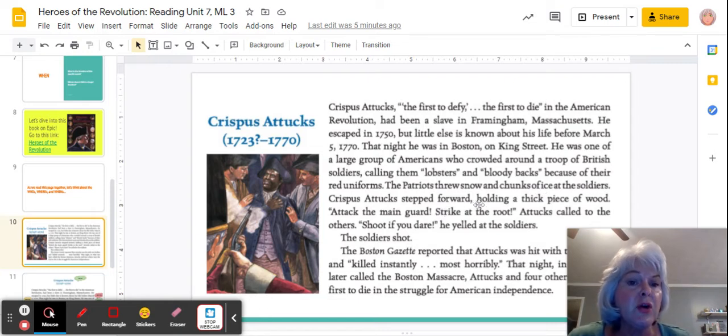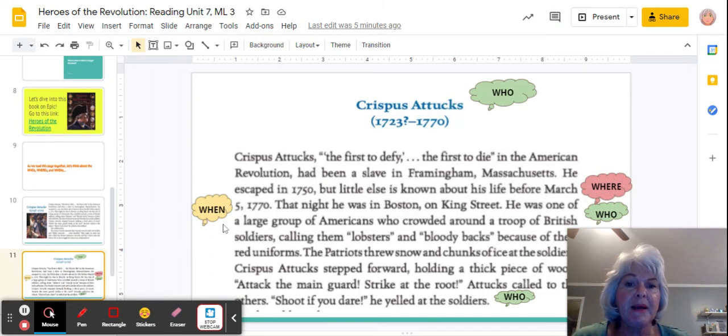The Patriots threw snow and chunks of ice at the soldiers. Crispus Attucks stepped forward, holding a thick piece of wood, attacked the main guard, strike at the root. Attucks called to the others, 'Shoot if you dare,' he yelled at the soldiers. The soldiers shot. The Boston Gazette reported that Attucks was hit and killed instantly, most horribly. That night was later called the Boston Massacre. Attucks and four others were the first to die in the struggle for American independence.